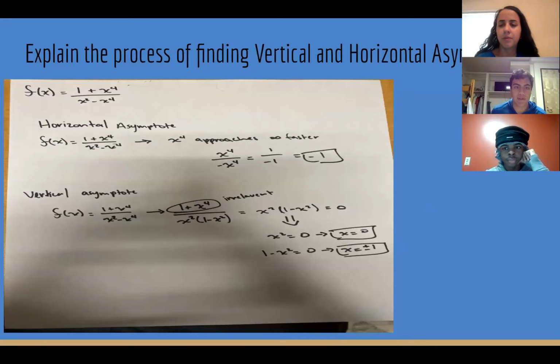For mine, it asked me to explain the process of finding vertical and horizontal asymptotes with the equation f of x equals 1 plus x to the fourth over x squared minus x to the fourth.